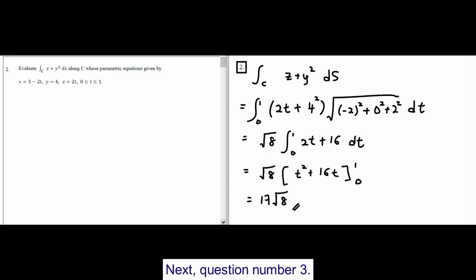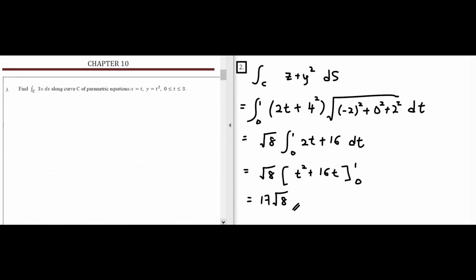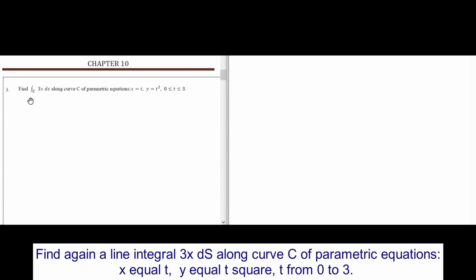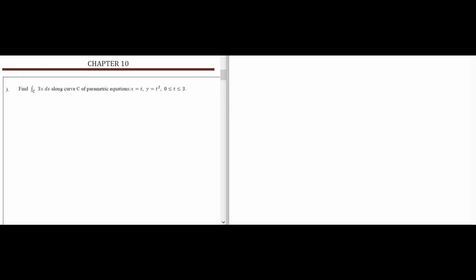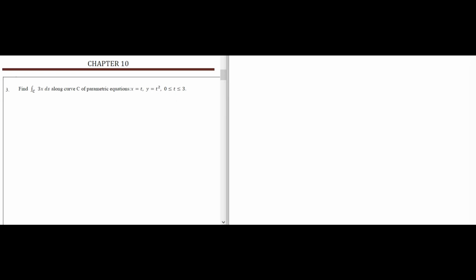Next, question number 3. Find again the line integral of 3x ds along curve C with parametric equations x equals t, y equals t squared, t from 0 to 3. These are all simple direct calculations of line integrals.